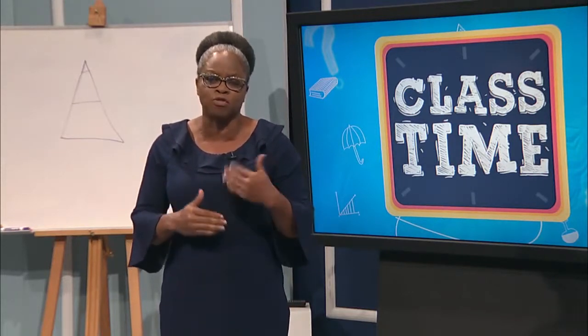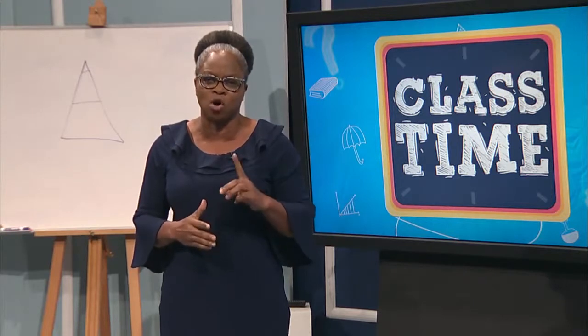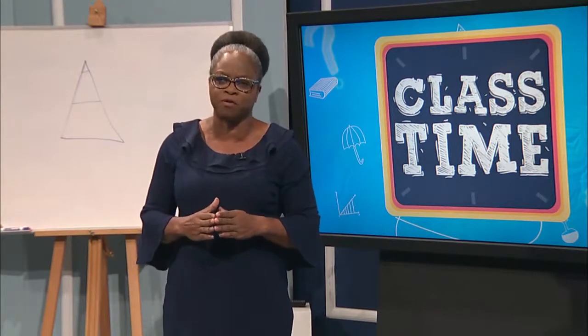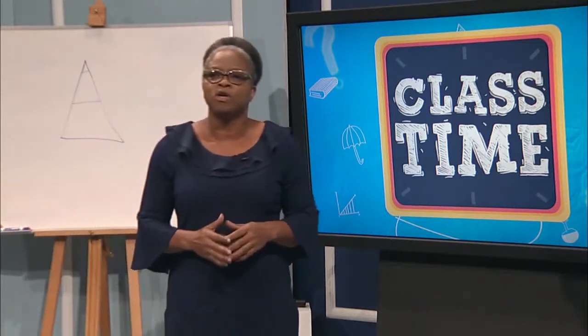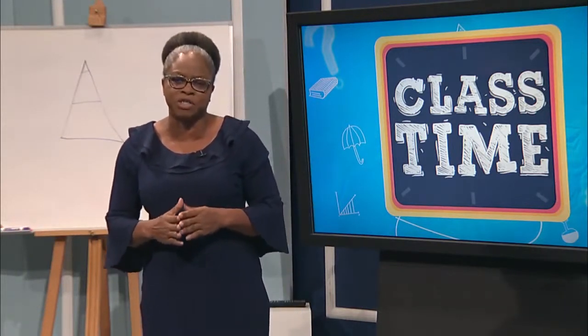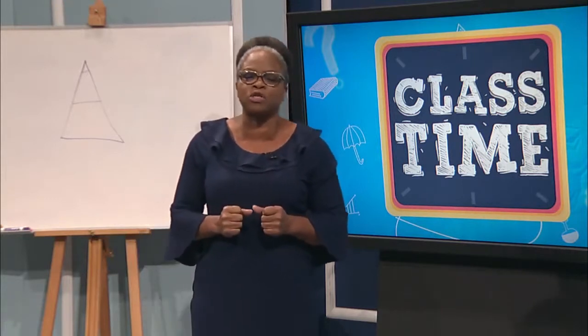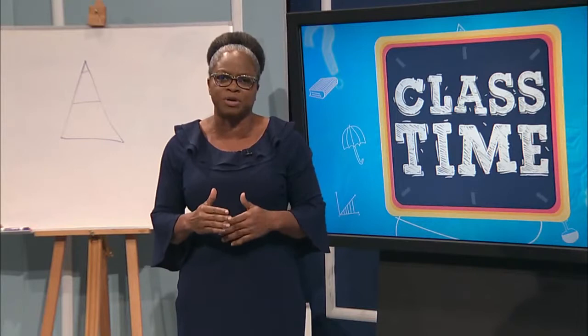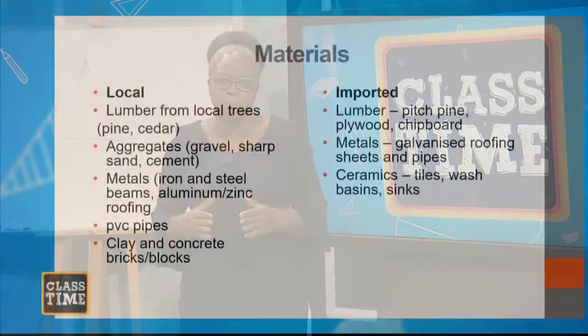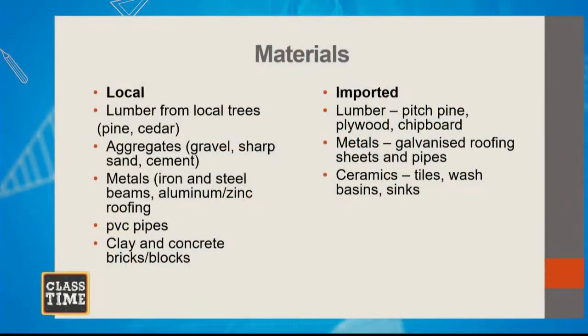So we have just looked at the list of requirements. I now want to go through each of them to ensure that you understand the requirement for the housing for farm animals. Good? So we want to start by looking at the materials. The materials that we're going to use to build our houses for our farm animals, we get those materials either locally or imported materials. Good? So we want to look at lumber, for example.